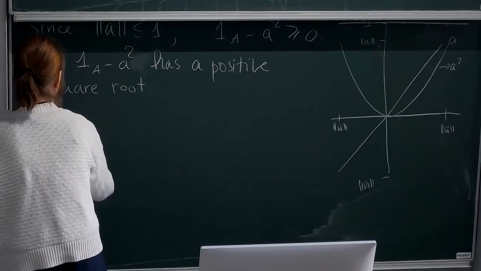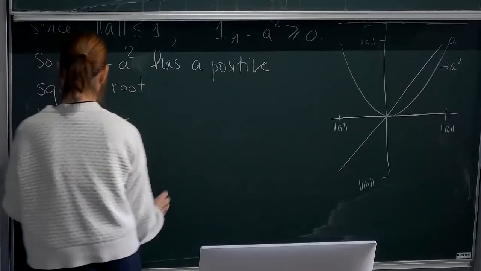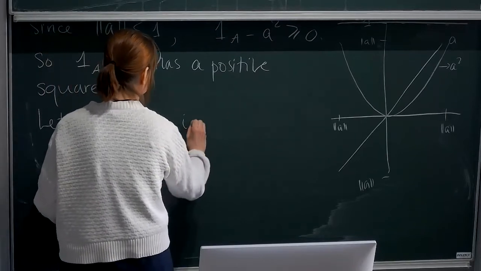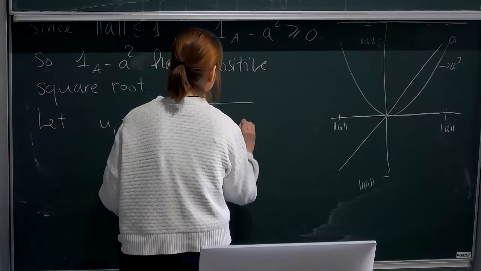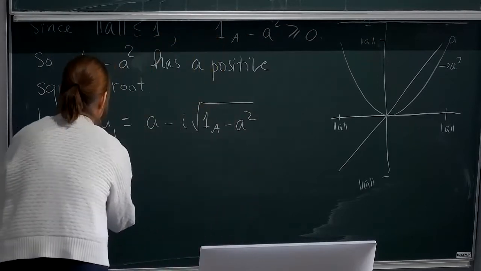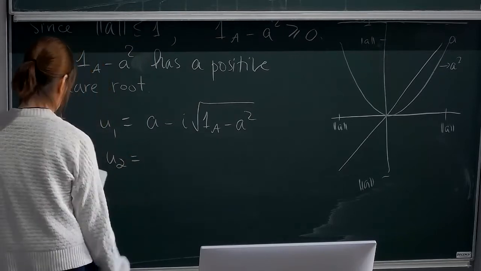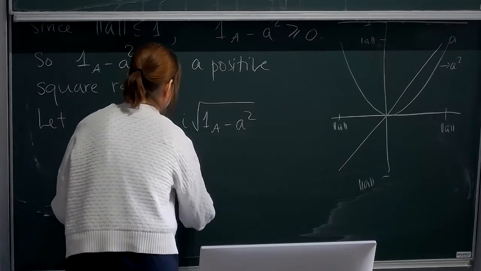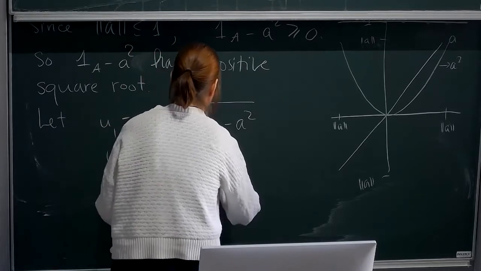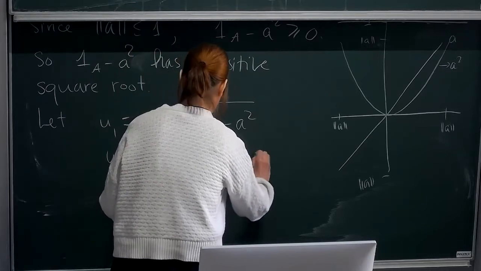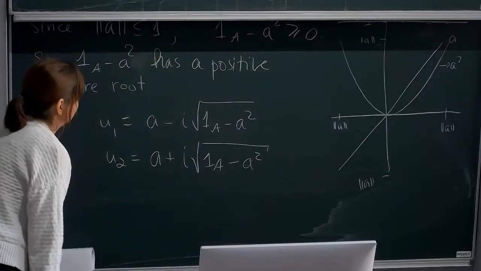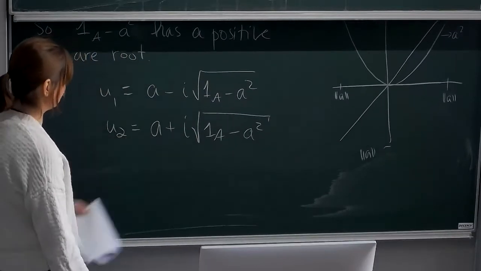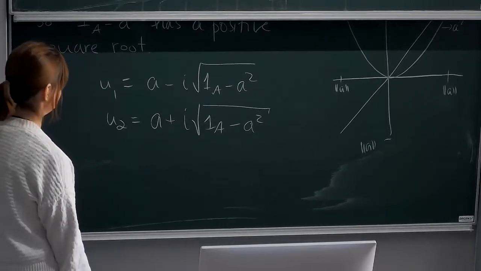And we can let U1 equal A minus i times the square root of this element, and U2 will be A plus i times the square root. You can check, just by multiplying these out, that indeed these are unitaries.